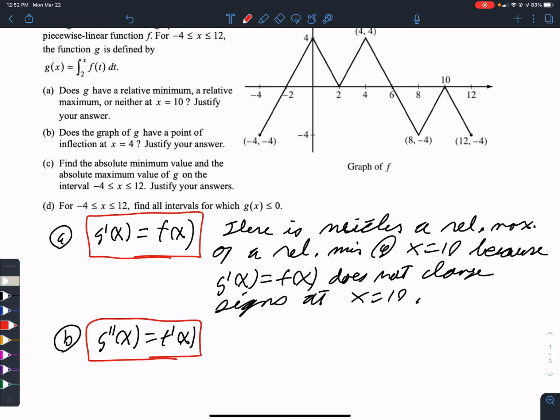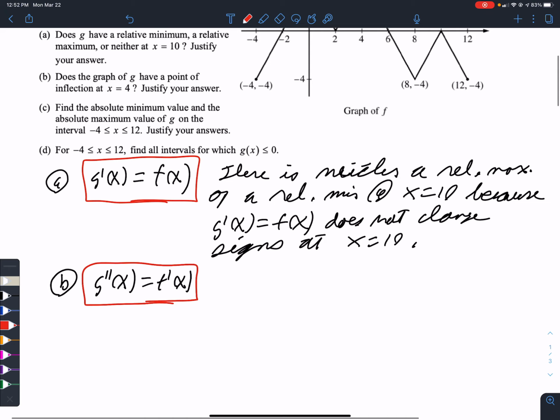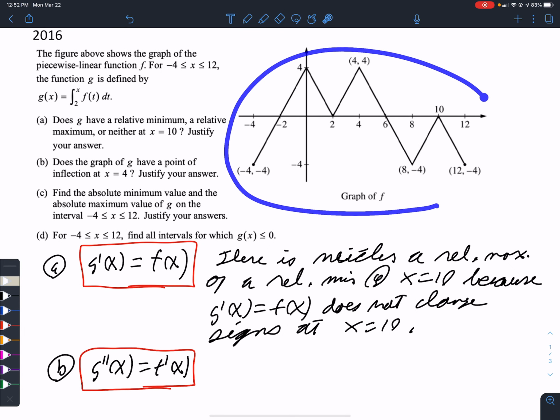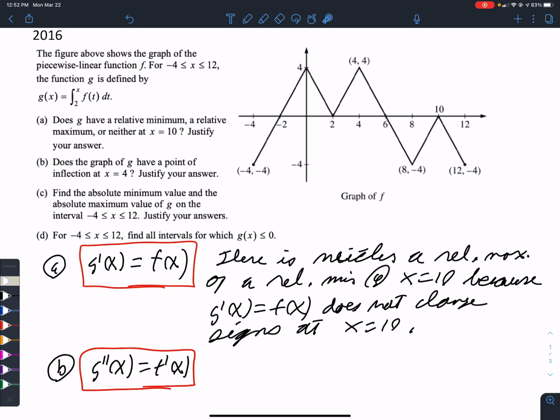That's your first step. Now, what are we going to do? This is 2016. So how do we see if the second derivative changes signs? Well, that would mean f prime changes signs. This is f. How do I know if the derivative is positive or negative?